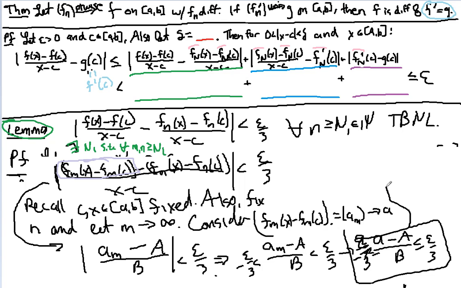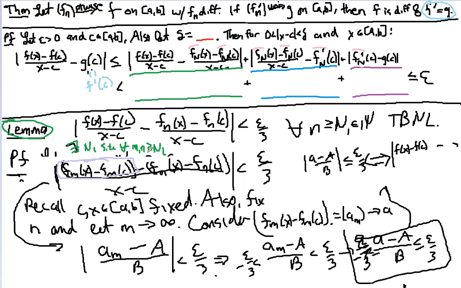Just to remind you what the constants are, the absolute value of a minus a over b has to be less than or equal to epsilon over 3, which is the same as saying, well, a is basically the limit of this sequence as m goes up. But that's really just going to be f(x) minus f(c).